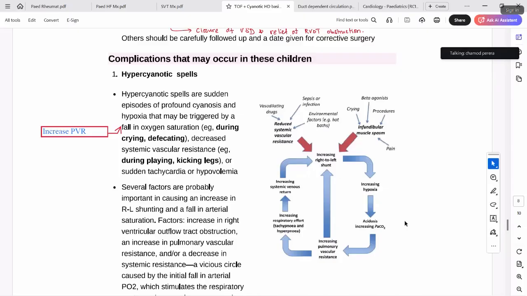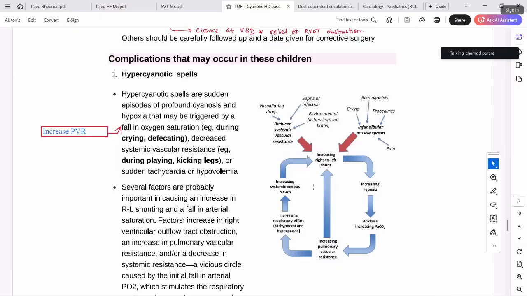So there is acidosis. Metabolic acidosis will worsen, and also because there is increased CO2 retention, that is going to cause a respiratory acidosis, right? And because of this hypoxia, there will be a pulmonary vascular vasoconstriction, right? That is also going to further worsen the shunting as well, right?